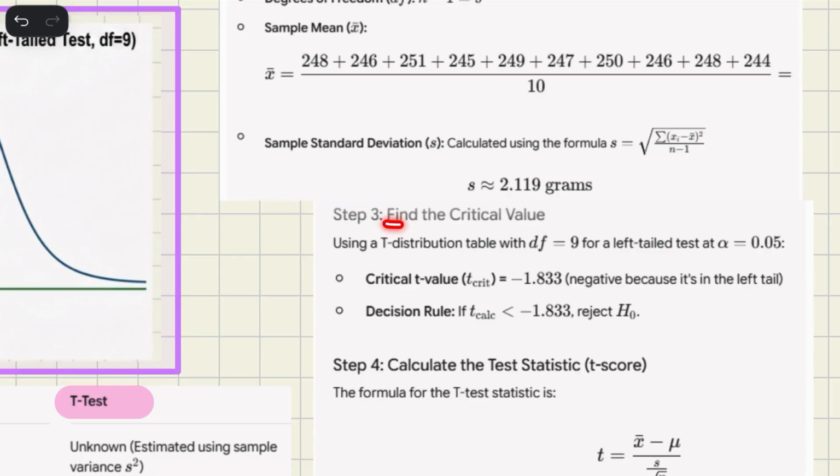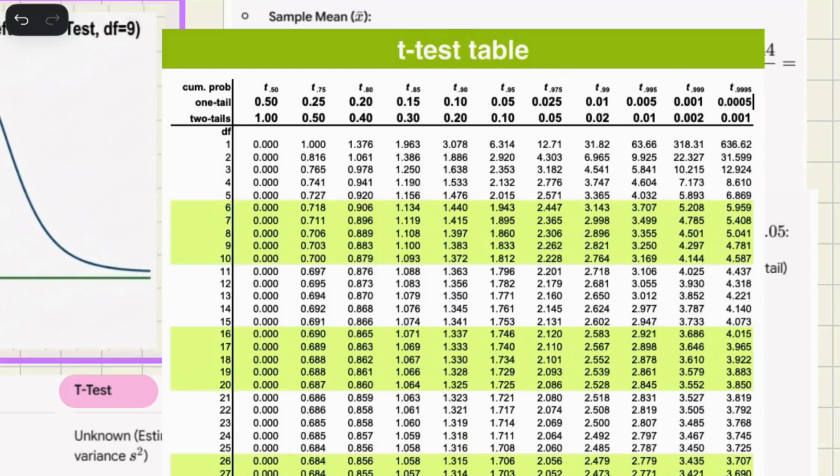Moving forward, we find the critical value, just like we did in the z-test. To find our decision boundary, we go to the t-test distribution table. We look up the row for df equal to 9, the 9th row.